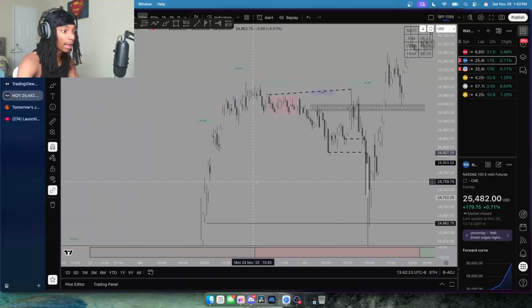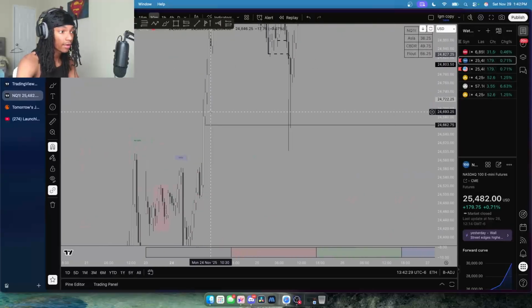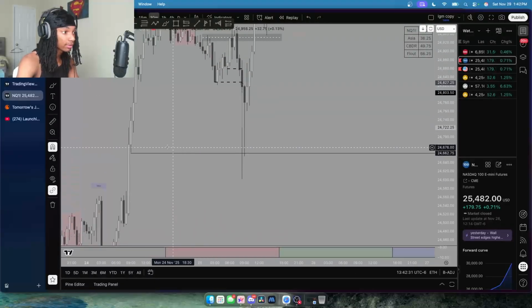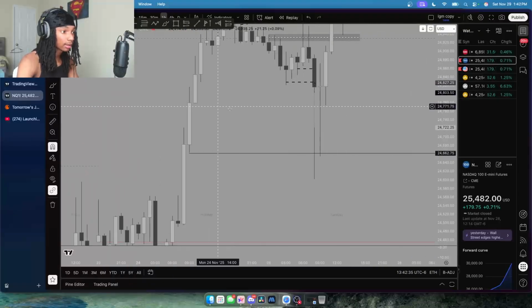Okay, more than likely we're going to come through to take a fair value gap or go to a previous low, and I think I went for a fair value gap right here. Yeah, I aim for this fair value gap inside of here, or the 1 hour fair value gap, something like that, right?